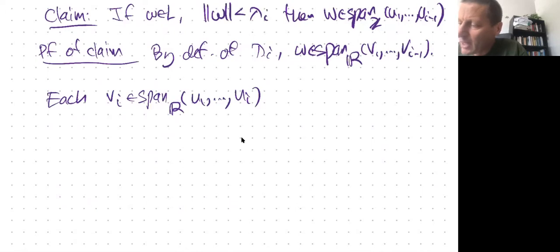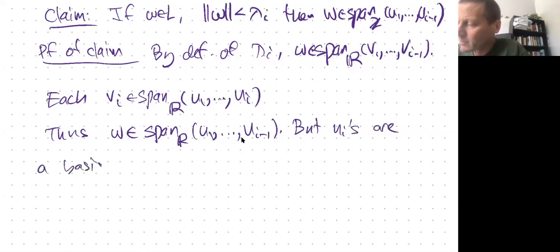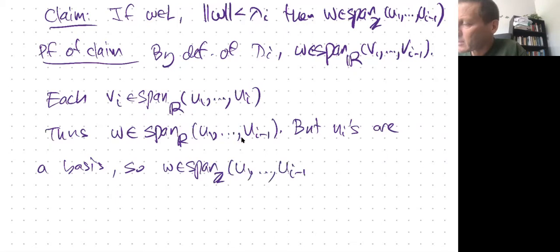And this implies that W is in the R-span of U1 up to U(i minus 1). But the Ui's are a basis, so W is in the Z-span. So this proves the claim.